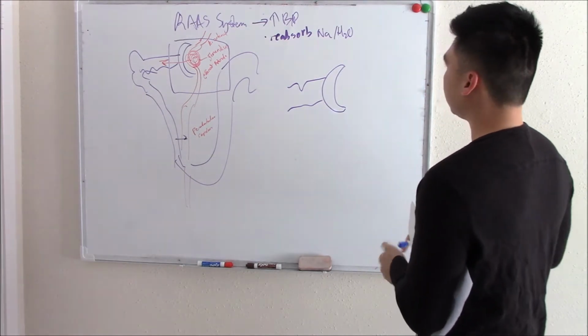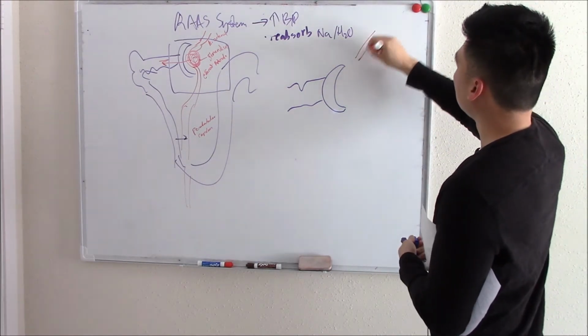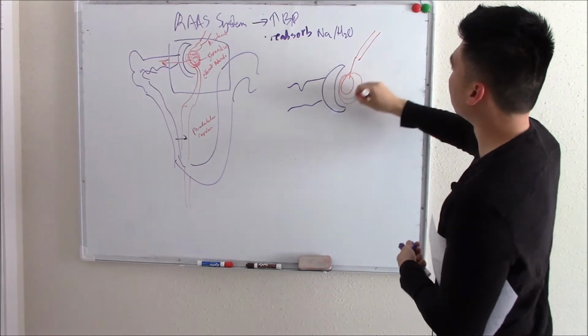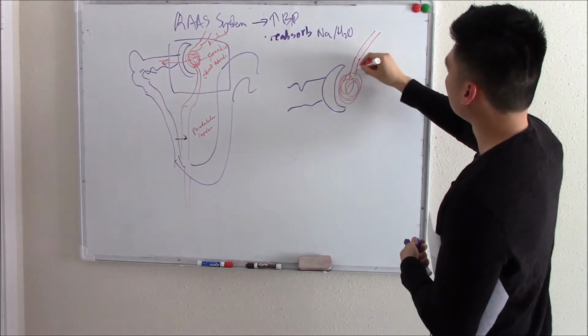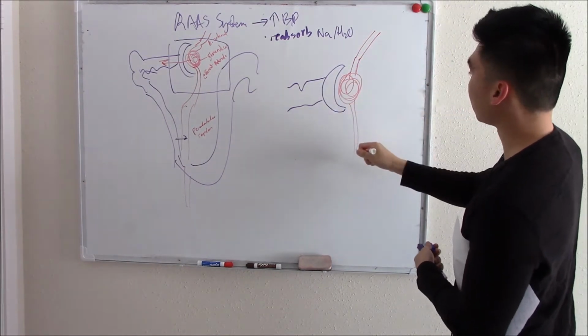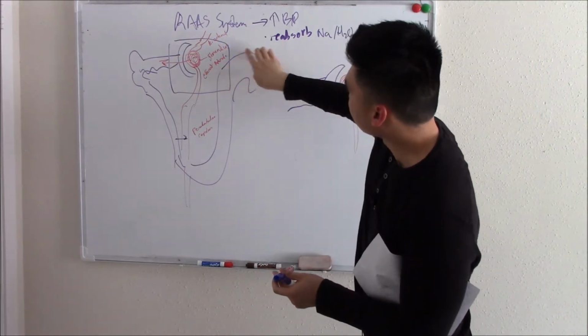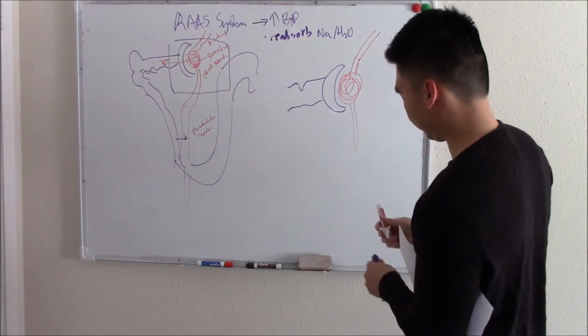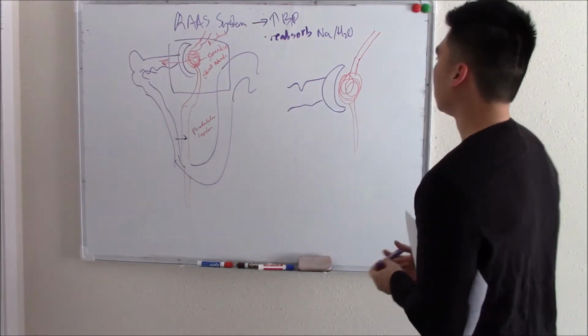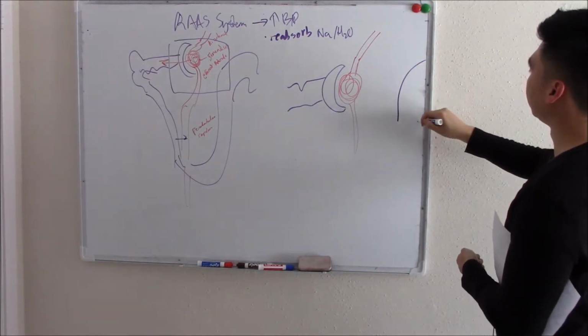Being fed by your afferent arteriole, making your glomerulus, which eventually becomes your efferent arteriole, right? So that's that part. And then right up here, here's your distal convoluted tubule, okay?